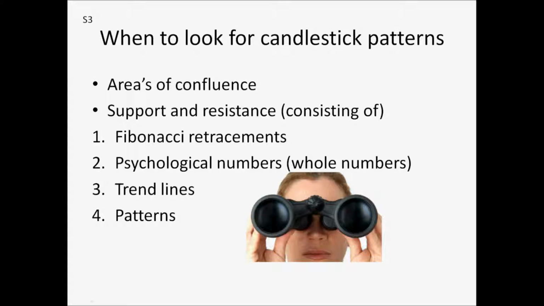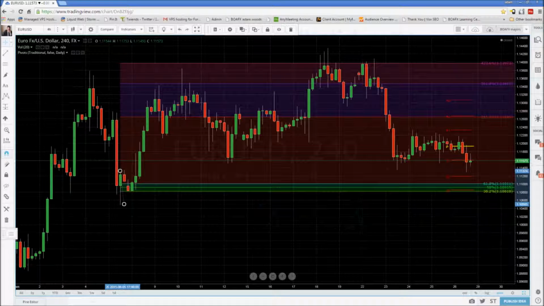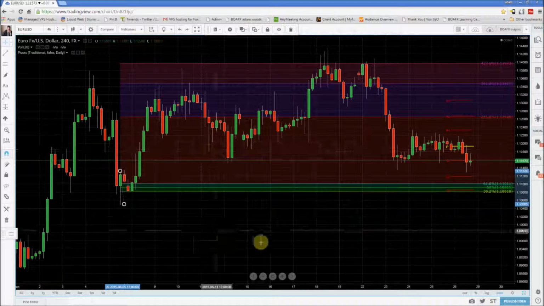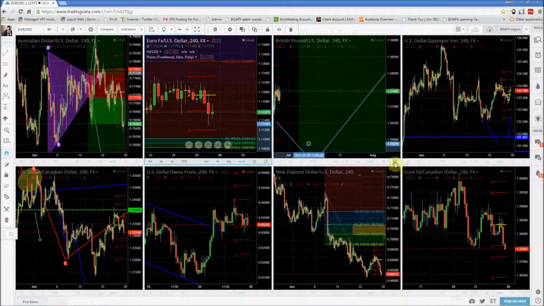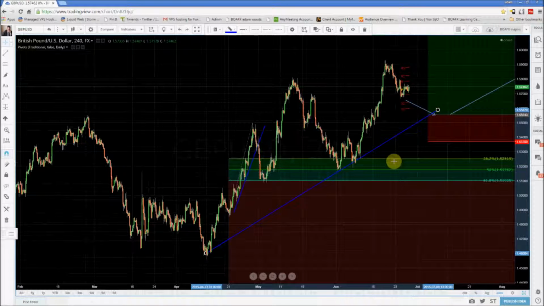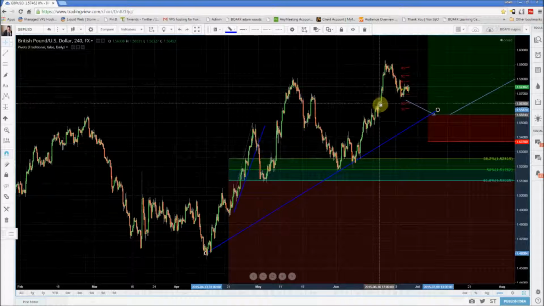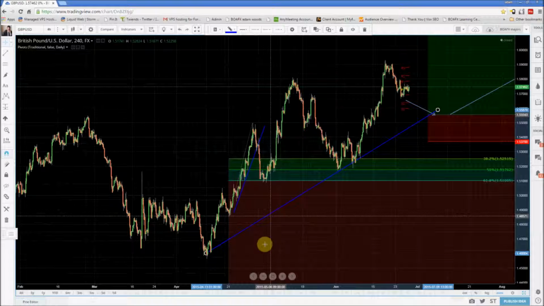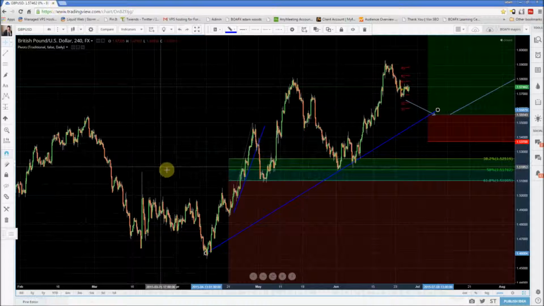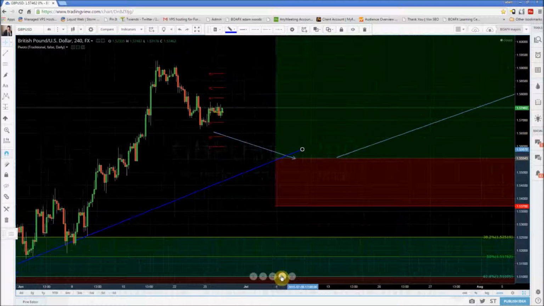Okay, and we're going to have a quick look at the charts at this point. When we say we don't use them randomly, if a currency pair is trending, for instance, let's take the pound. It's got a nice trend on it at the moment. If there's no area of support and resistance and a candlestick pattern develops, we don't suddenly look at it and go, right, this is going to reverse or this is going to change.